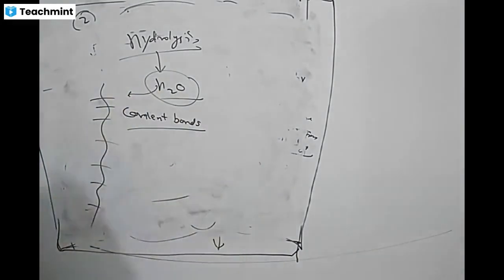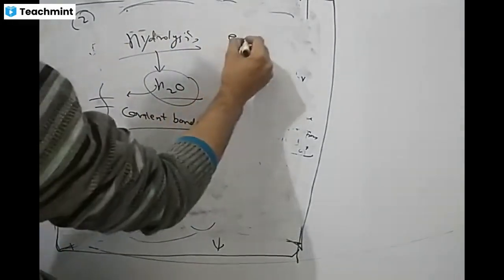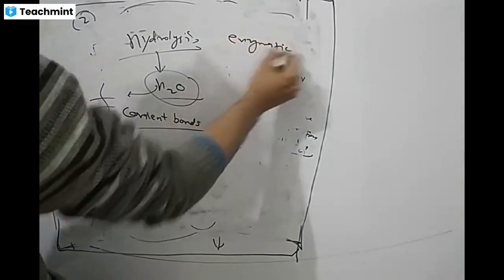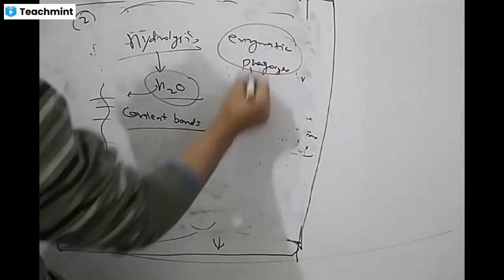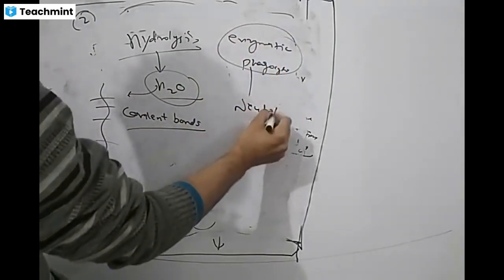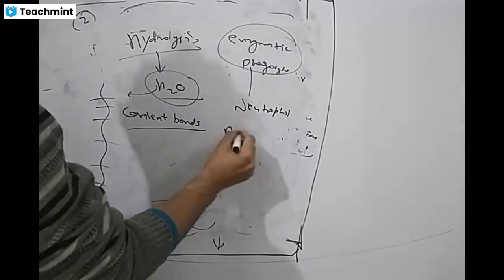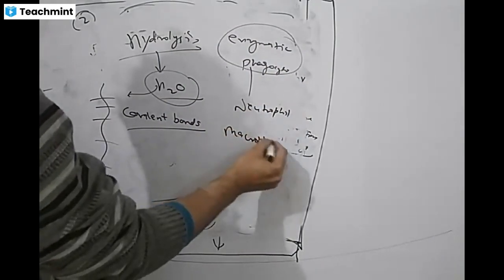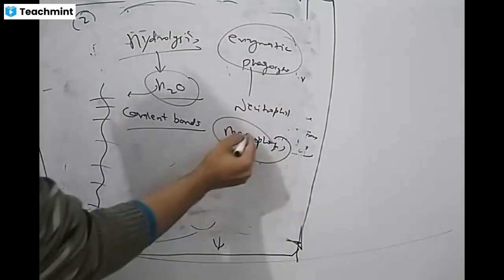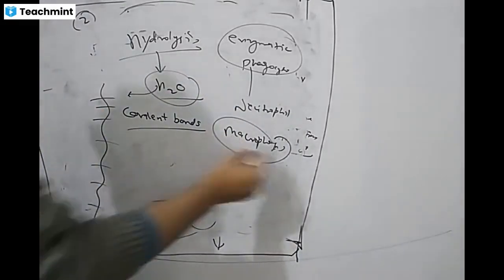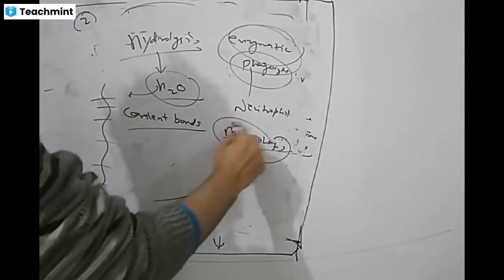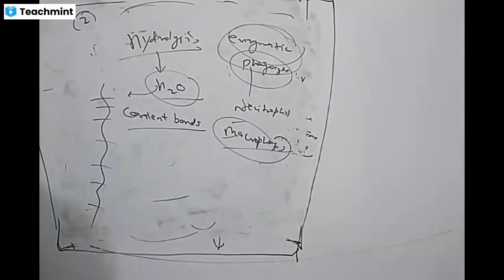So this is hydrolysis. Second is enzymatic digestion or phagocytosis. There are neutrophils and macrophages. For these cells, suture materials are foreign bodies. So these cells phagocytize or enzymatically degrade the suture material.